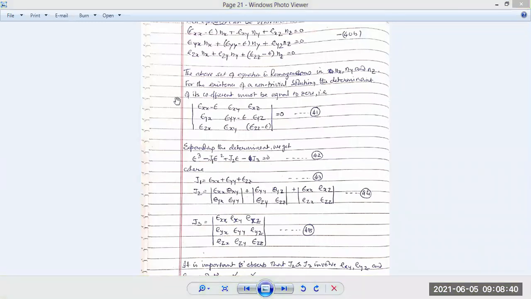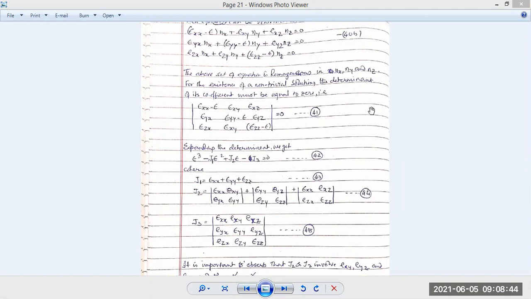You see, this set of equations we have as homogeneous equations in nx, ny, nz. For the existence of a non-trivial solution, the determinant of its coefficients must be equal to 0.